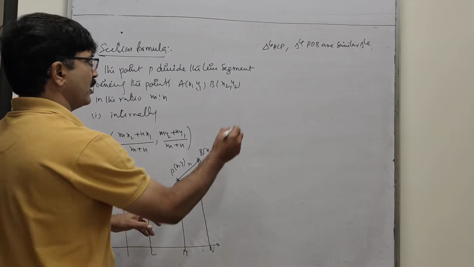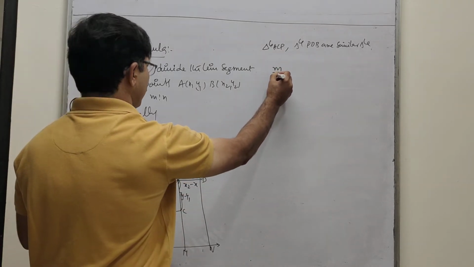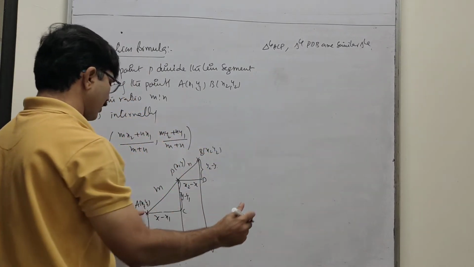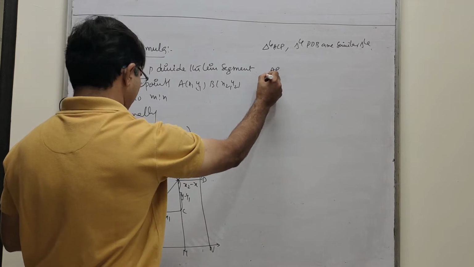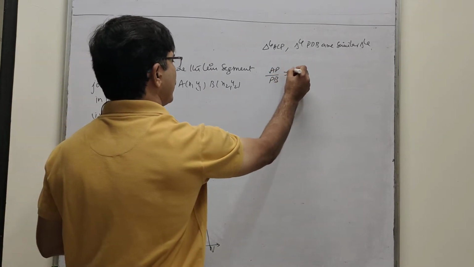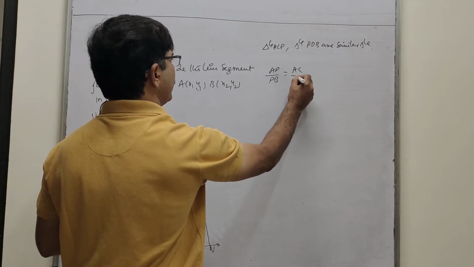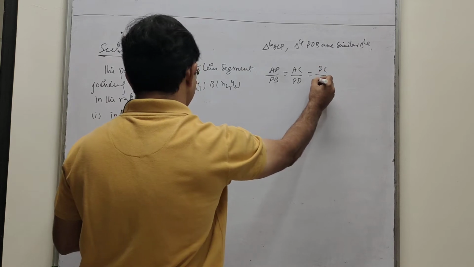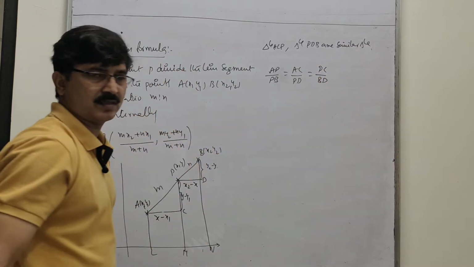If they are similar, then the ratio m by n is AP by PB, which equals AC by PD, which equals PC by BD.